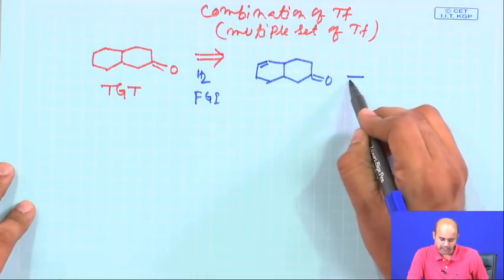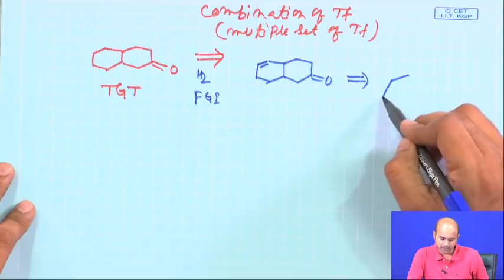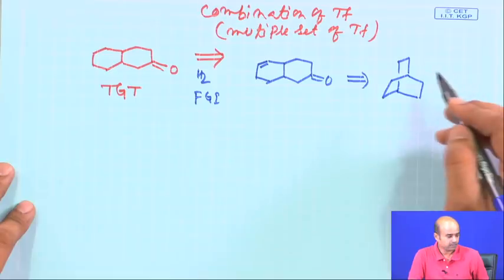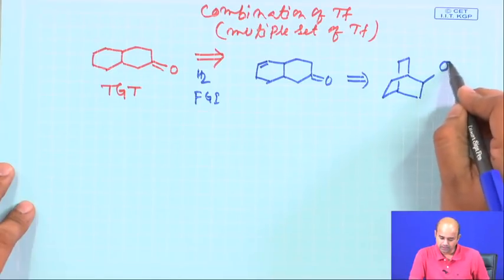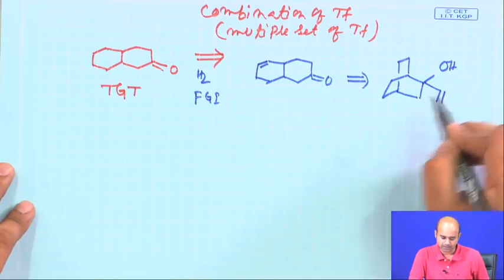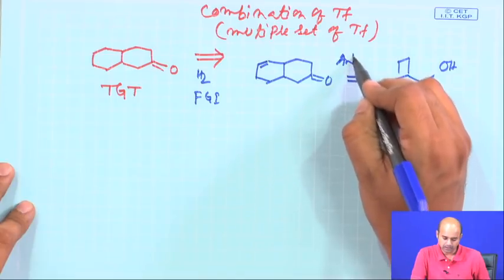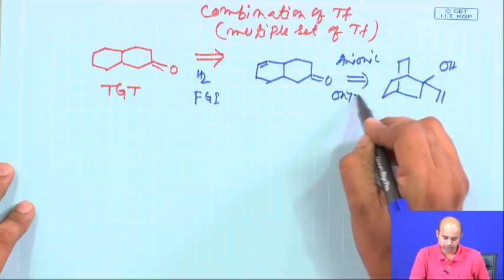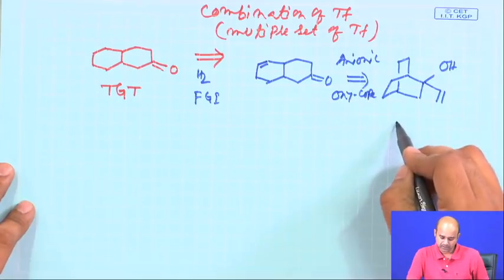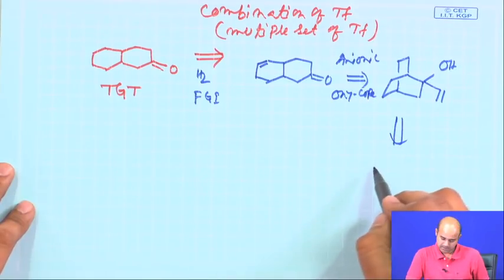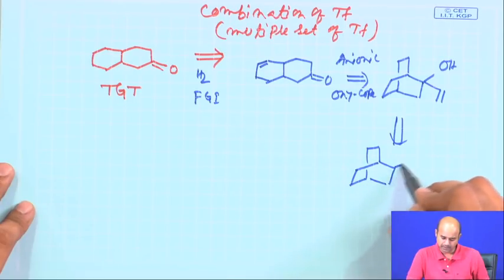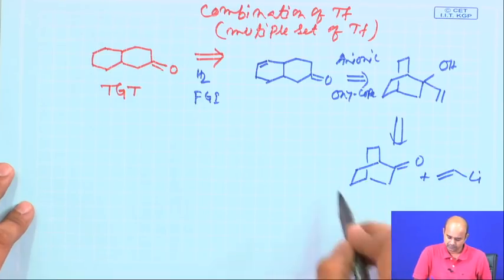We focused on the fact that this compound in reality can be prepared from an anionic oxy-Cope rearrangement, which was already taught to you. Fine. Next we go back, we said that this compound can easily be prepared by this reaction.